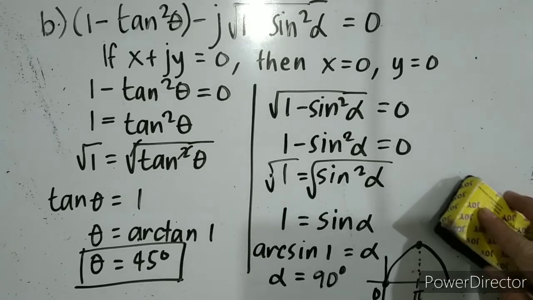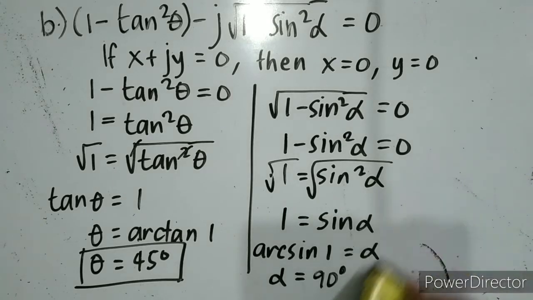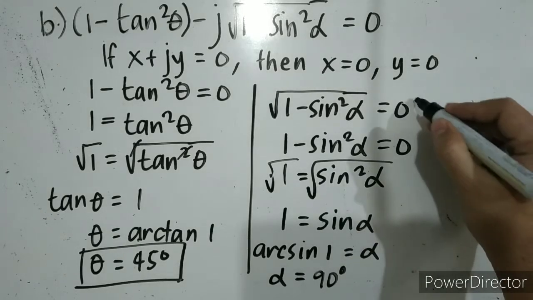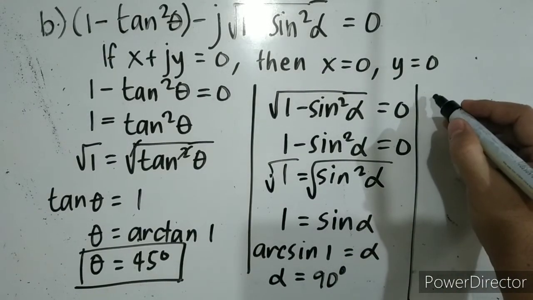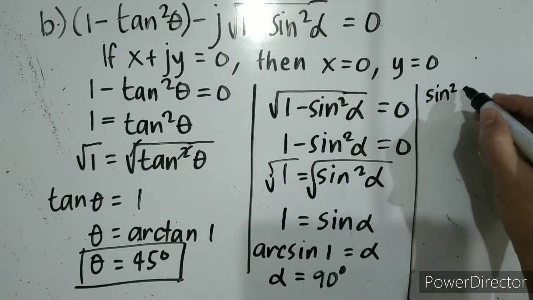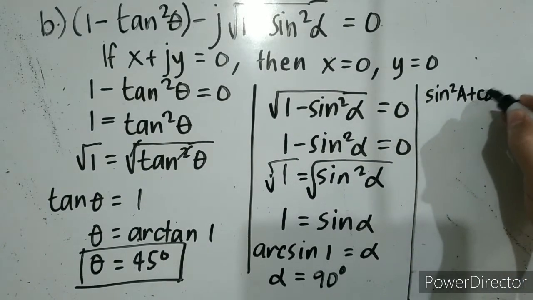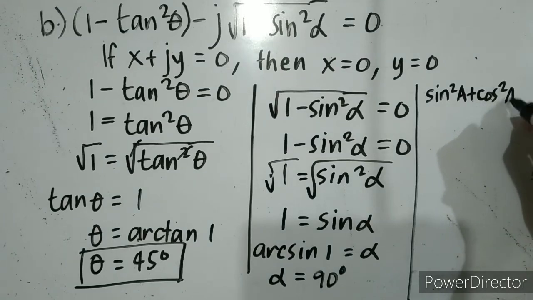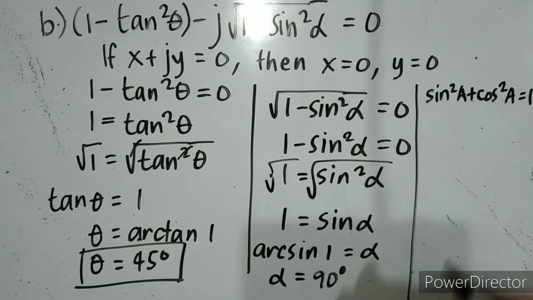Well, we have an alternate solution to this one. If you recall, the Pythagorean identity is sine squared A plus cosine squared A equals 1.